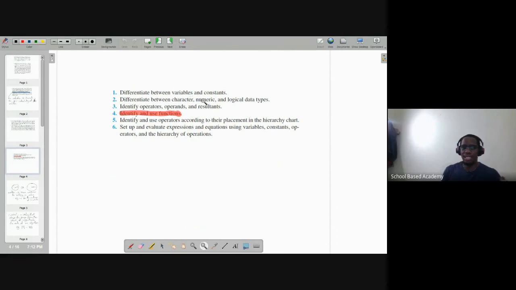We took a look at data types. We took a look at operators. We didn't talk about the operators according to the hierarchy. I will do that next class, next week. And we will also next week set up some values and evaluate expressions. So I think that we are at a good place here.